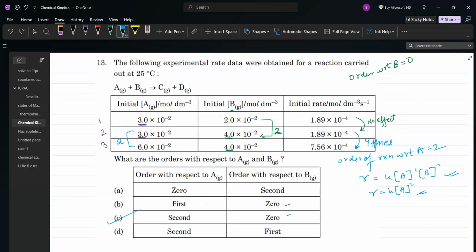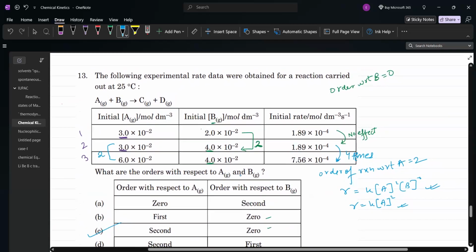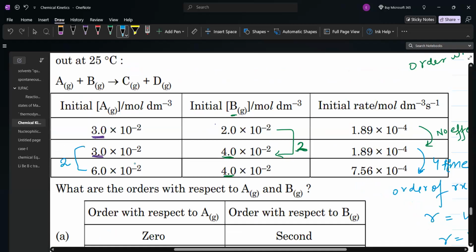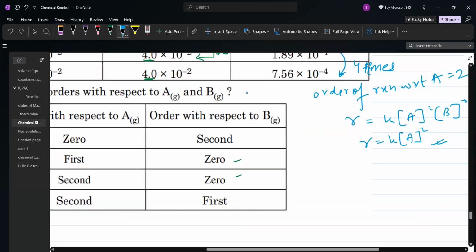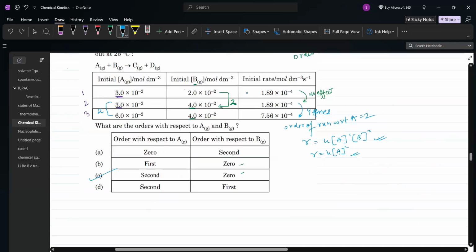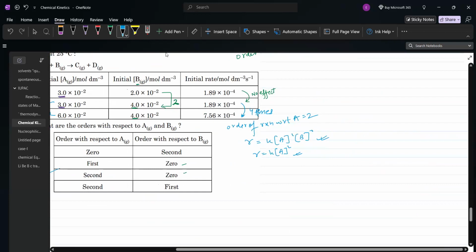Explain the order of reaction with respect to A? With respect to A. Okay. See, for example, A concentration has been doubled. Okay. And what we will see, for example, we are having 20. And if we are doubling from 3 to 6, we are getting 40 rate of reaction.